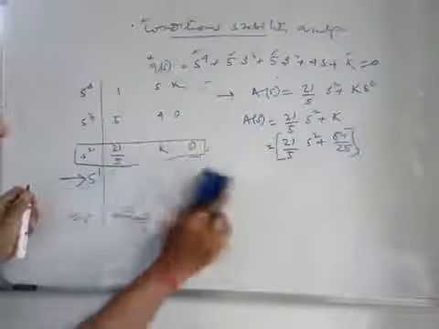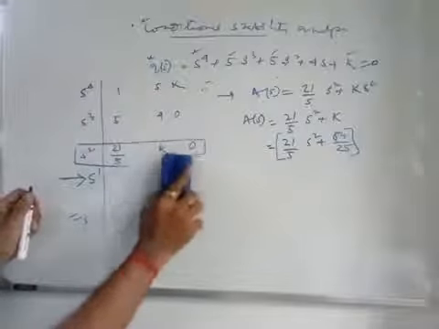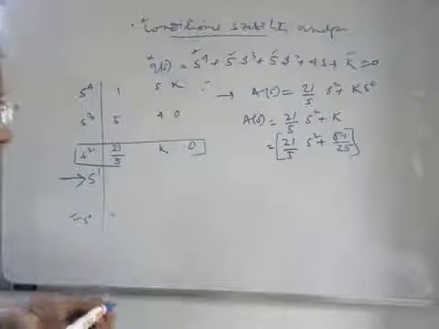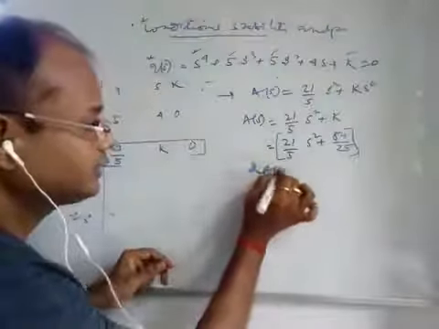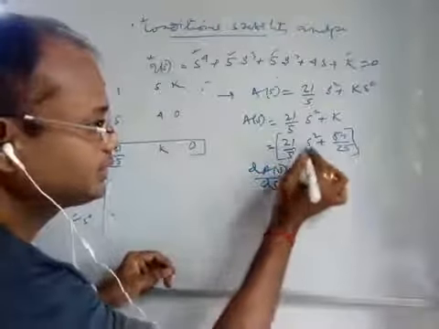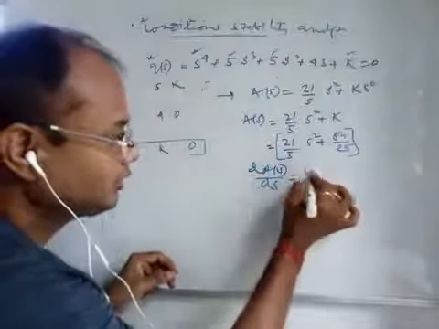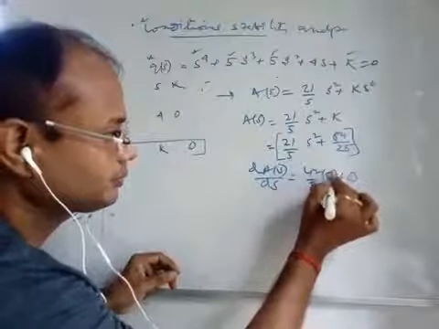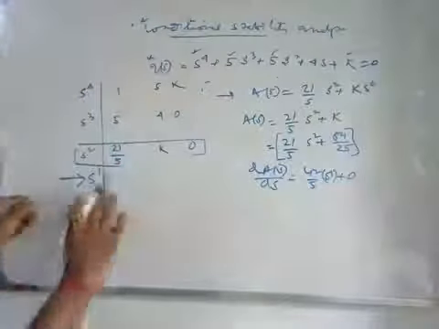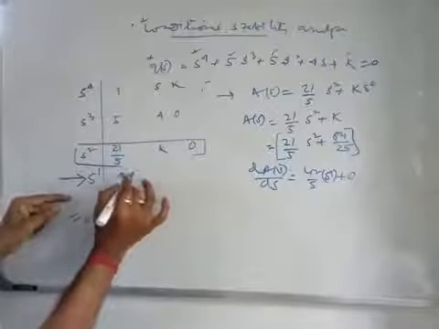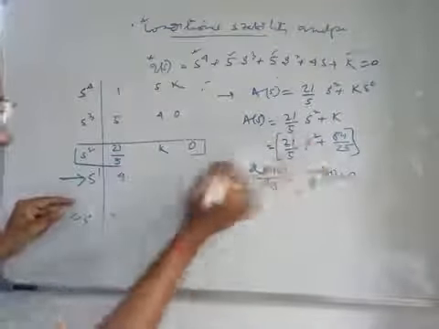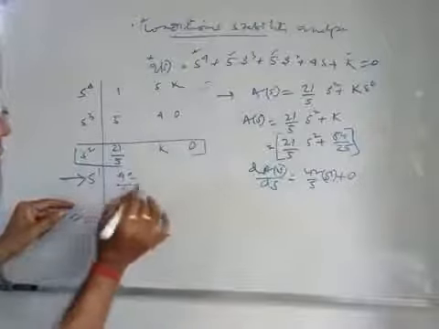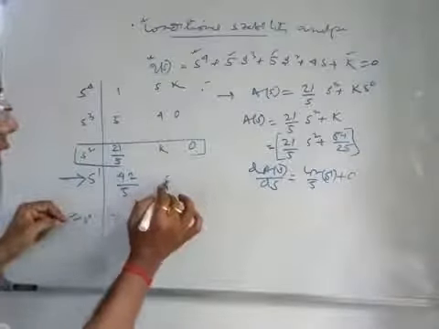We have to take the differentiation of that with respect to s. That means d by ds is equal to 42 by 5 s plus 0. So you get the s to the power 1 coefficient, that is 42 by 5, and this is 0.